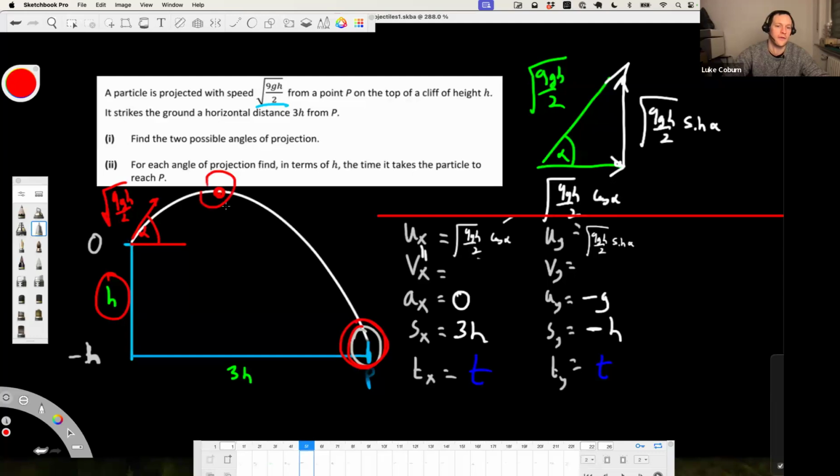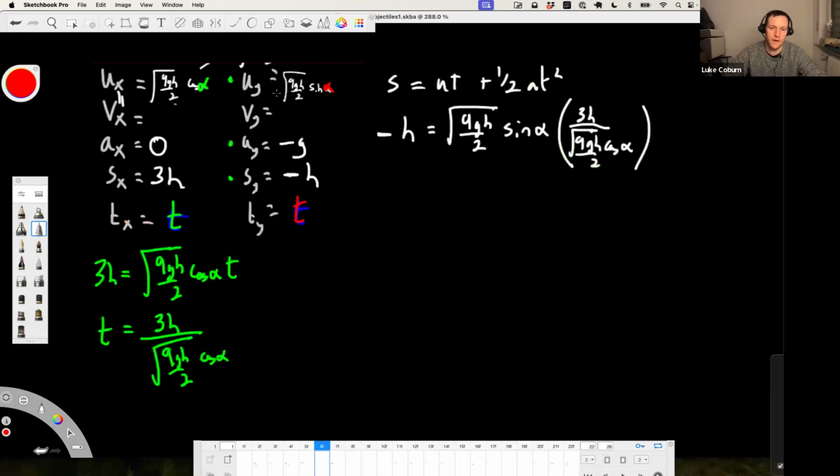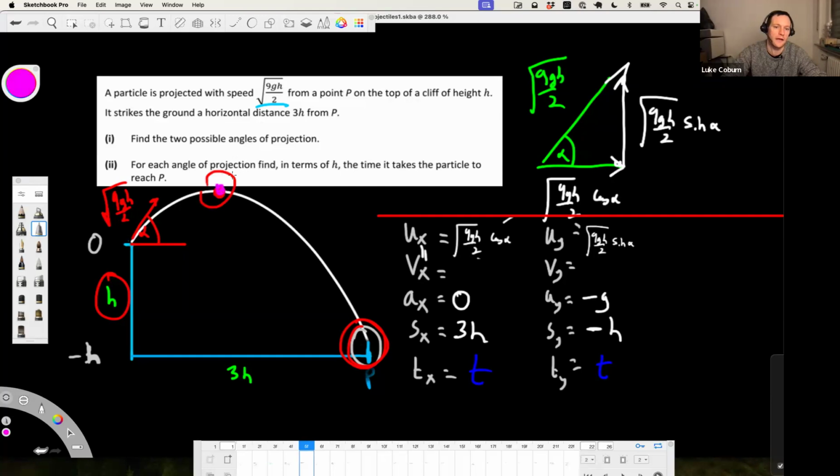We're not told anything about that middle part, right? Because we were told it strikes the ground at this point P, which has coordinates where the X value is 3H, we've already been told to look at that point. And so we're not going to look at this one here.